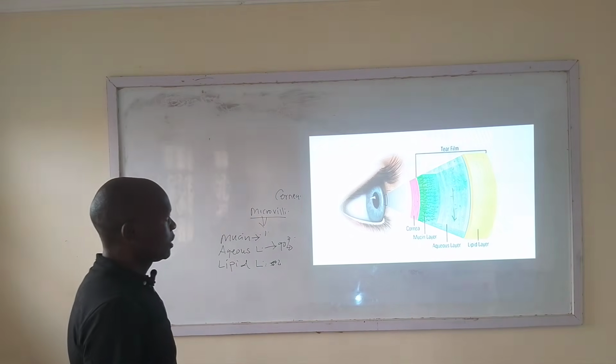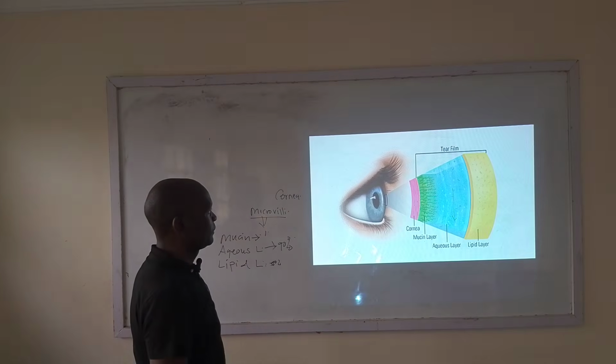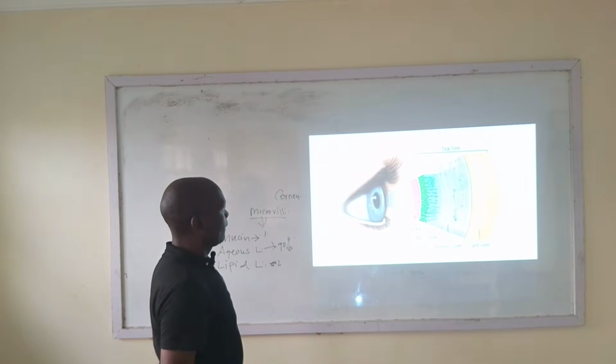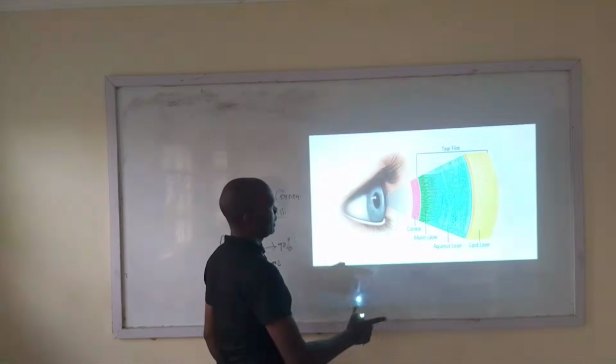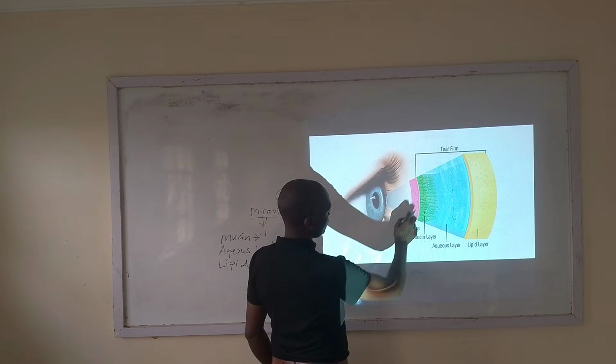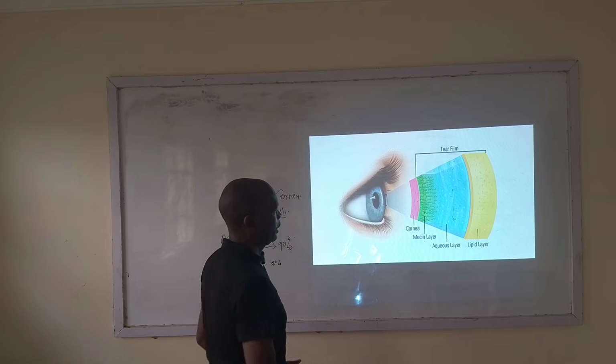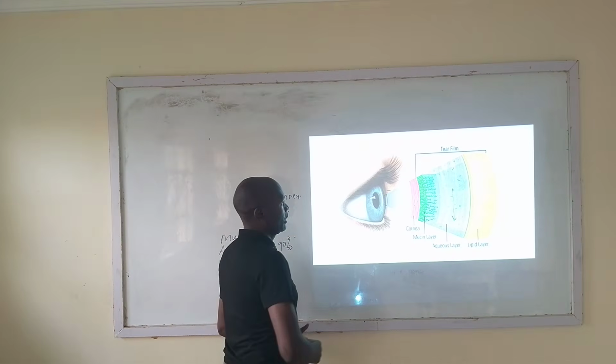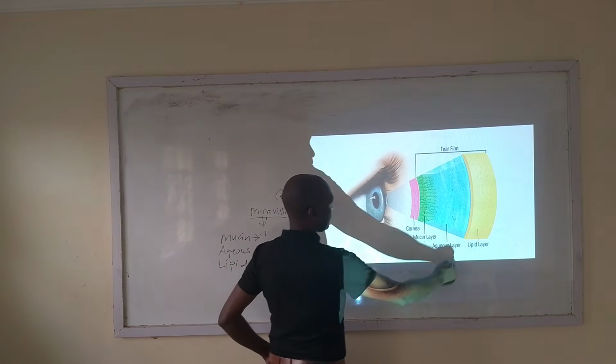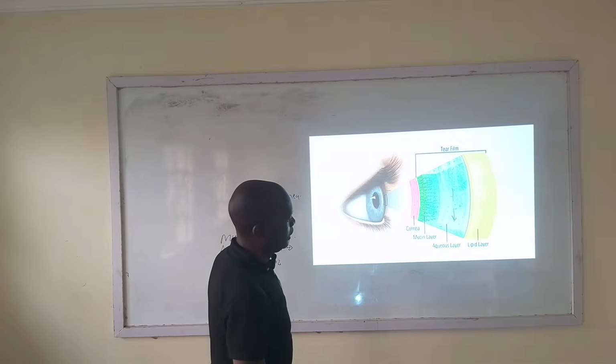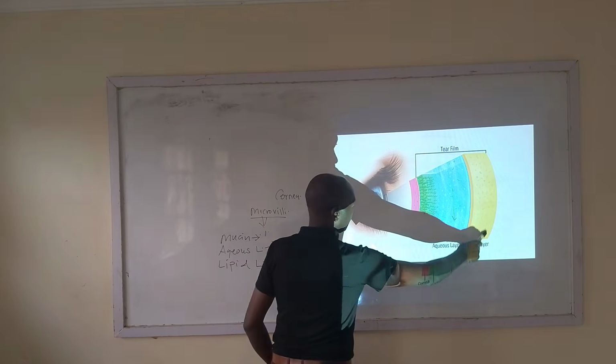So that is just the structure of the tear film, to show you how these layers are arranged. The innermost is the mucin layer, you can see there in green. The middle one is the aqueous layer. And the outermost one is the lipid layer.